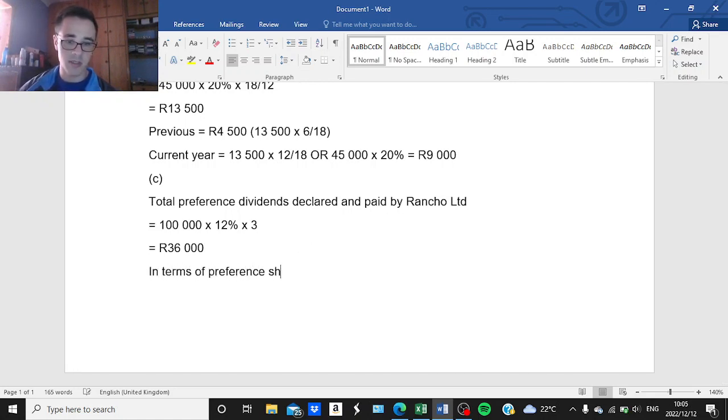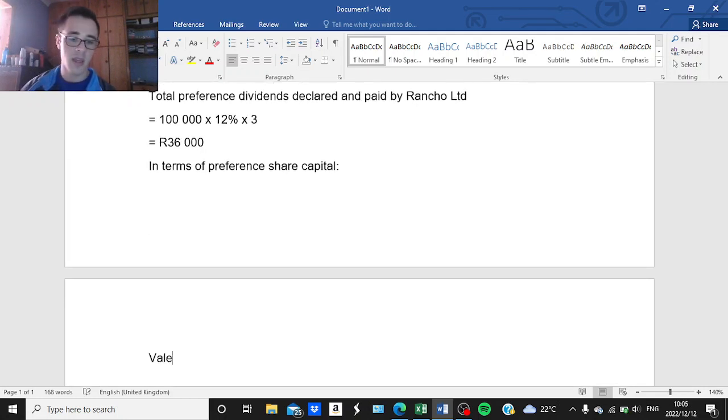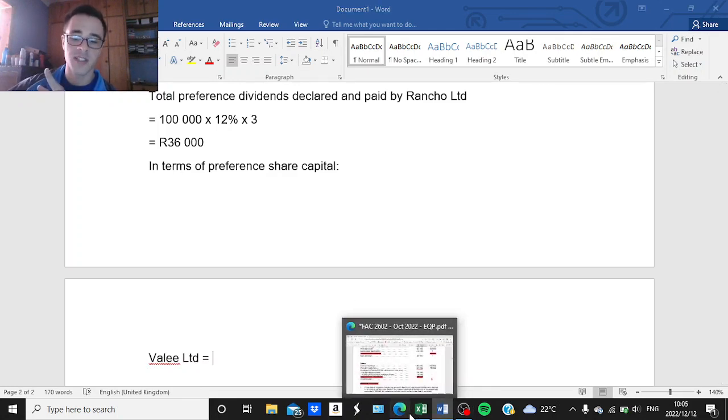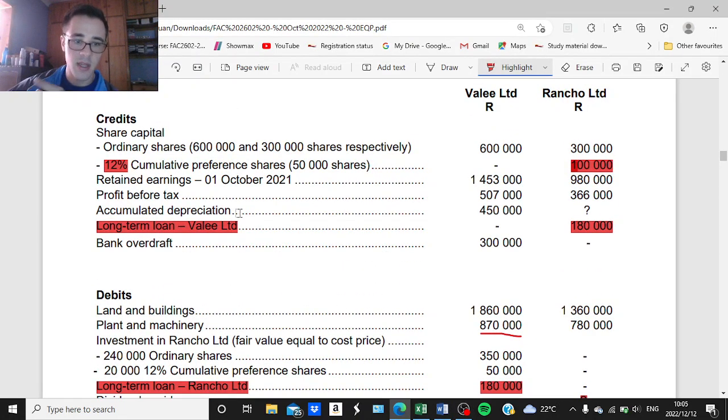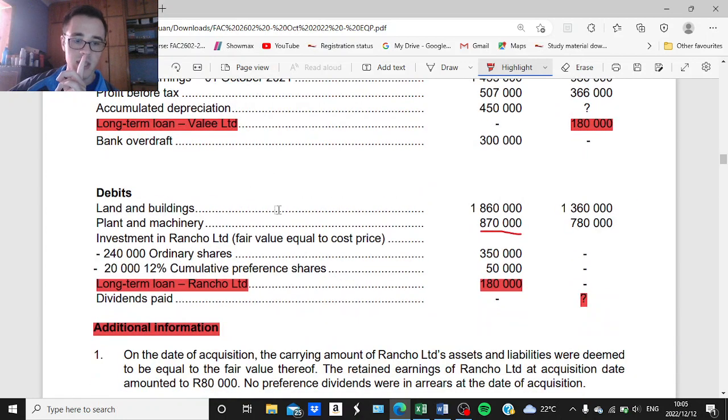So in terms of preference share capital, the percentage interest of the parent is calculated by taking the number of preference shares owned by Valley Limited. In this case, it is 20,000 shares. You will find that as part of the investment in Rancho Limited.